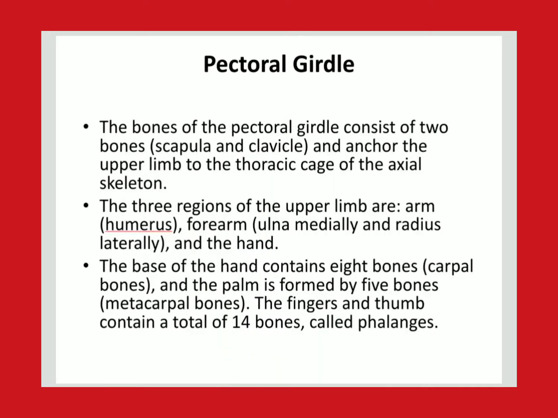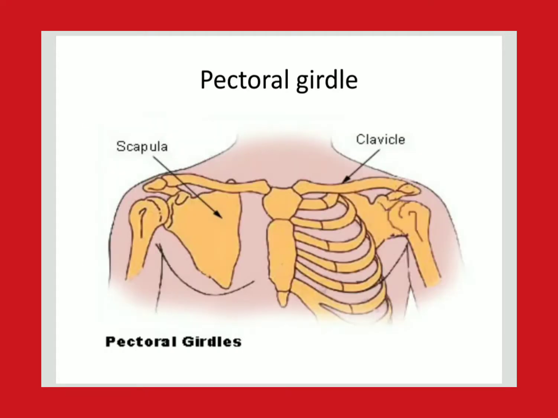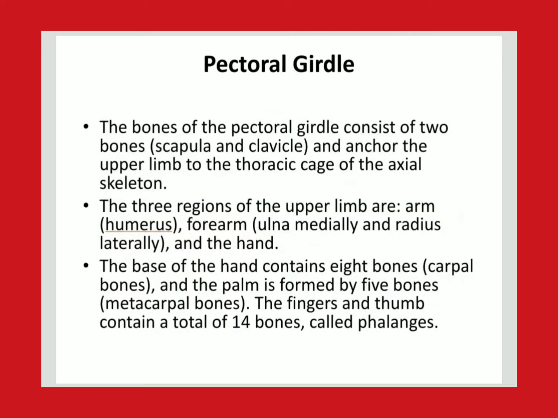Next, coming to the pectoral girdle. The bones of the pectoral girdle consist of two bones, the scapula and the clavicle, and anchor the upper limb to the thoracic cage of the axial region. The three regions of the upper limb are the arm, that is the humerus; the forearm, the ulna medially and the radius laterally; and the hand.